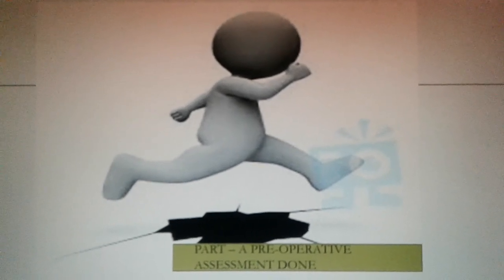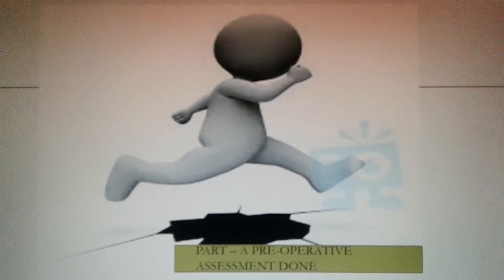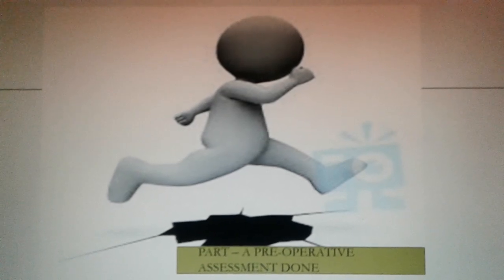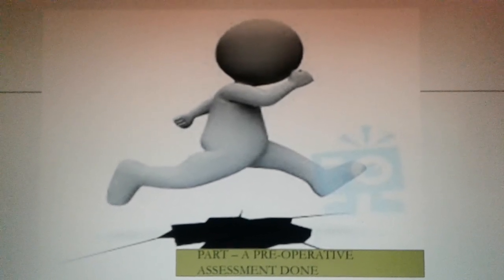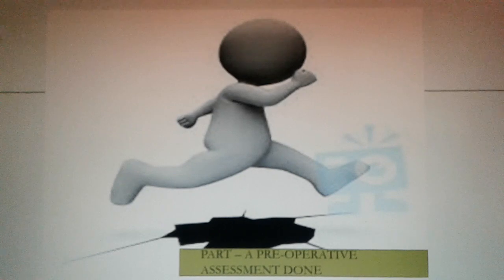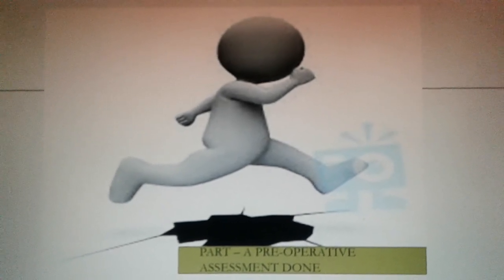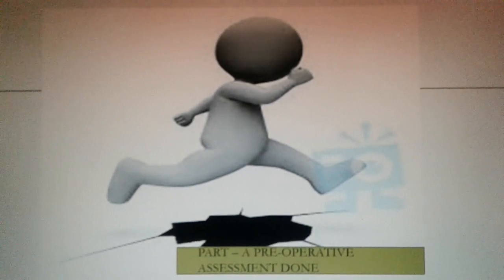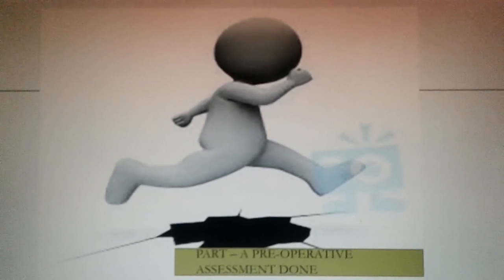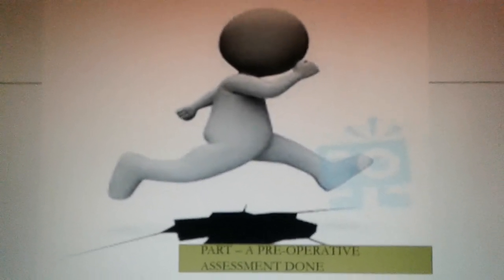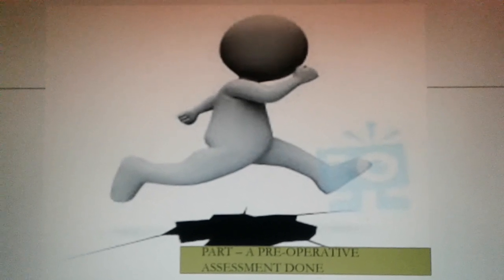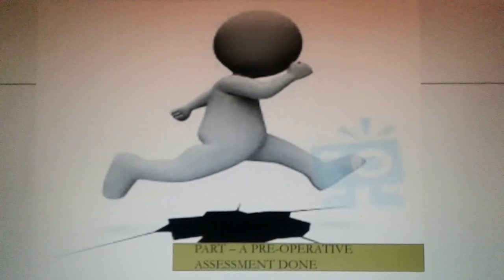You have just gone through the pre-operative assessment, and now if all the 5 parameters are there, you are having a score of 12 out of 40, even without adding the part B. It means the patient is already in difficulty level 2A, right?